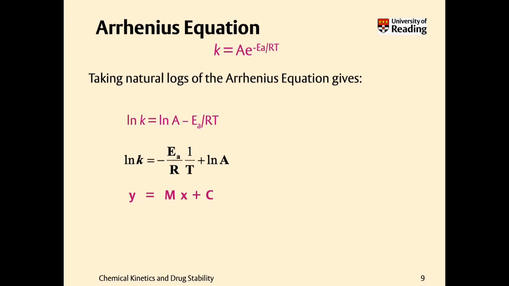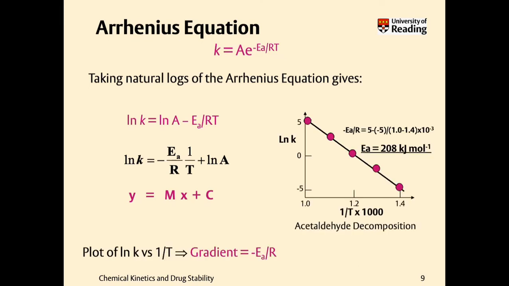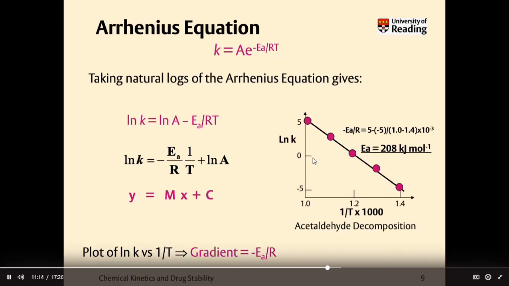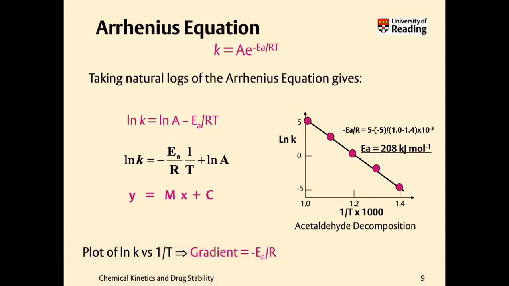Okay, so let's plot that there. You can see that if you plot natural log of k against 1 over T, and just to make the numbers easier, they've multiplied that by 1,000, but don't worry about that multiplied by 1,000 on the x-axis there.